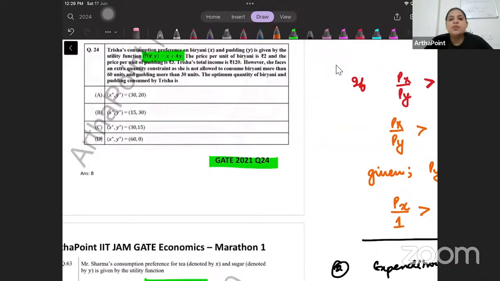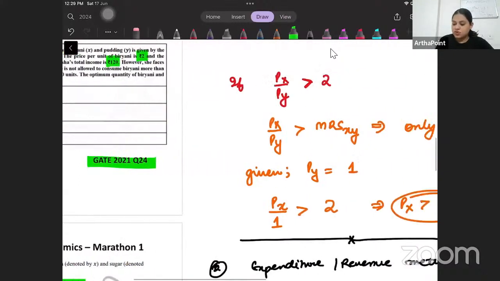Trisha's consumption preference on biryani and pudding is given by x plus 4y. The price per unit of biryani is 2. And price per unit pudding is 3. Trisha's total income is 120. So let's just write this information down first.